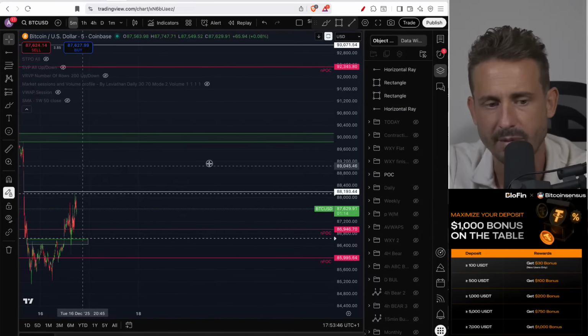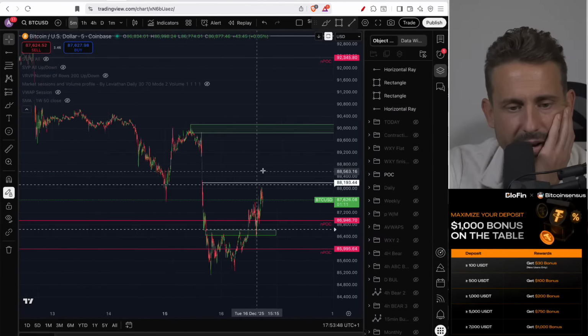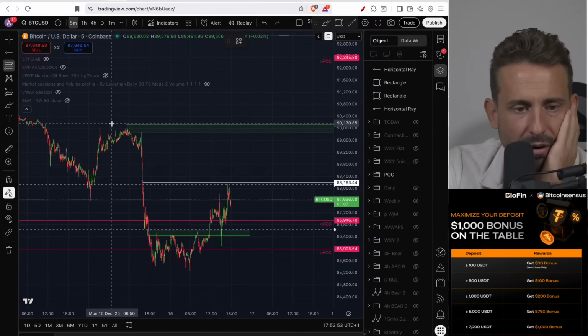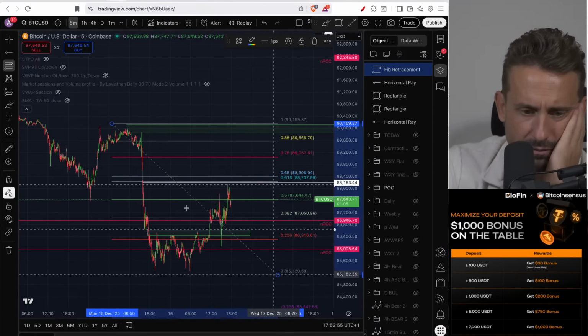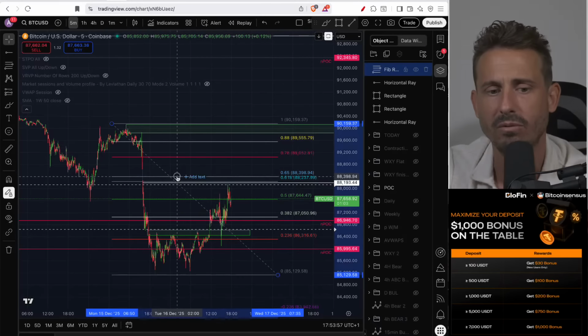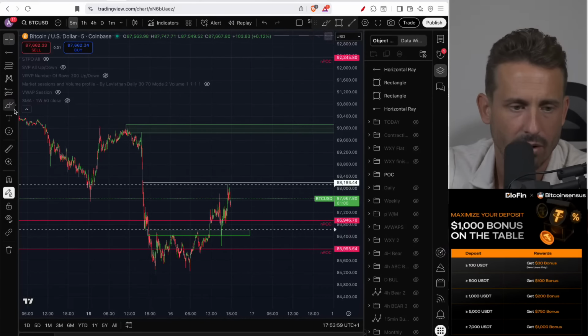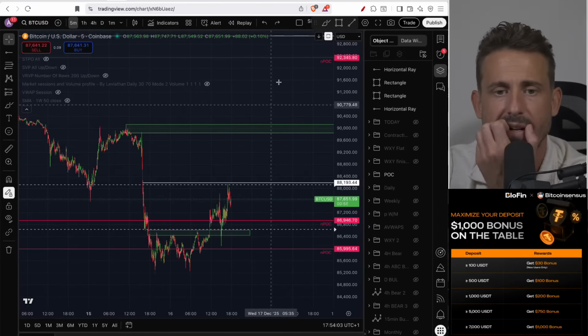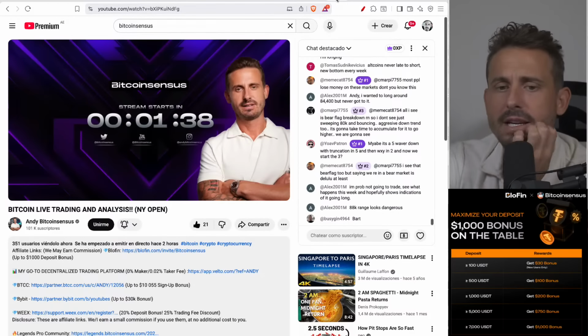So that's the same explanation for this fair value gap. It either rejects at the golden pocket, rejects at the SFP of that 5-minute order block, or we move up, right? We move up. Let's go through the comment section.